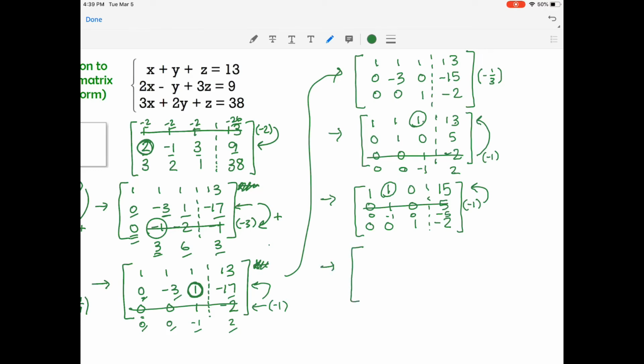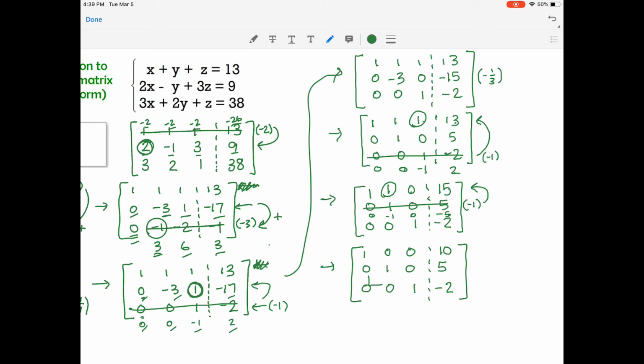All right. Middle row, I'm going to keep it how it was. Bottom row, keep it how it was. And just my top row becomes 0 plus 1, -1 plus 1, 0 plus 0, and -5 plus 15. And that is reduced row echelon form.